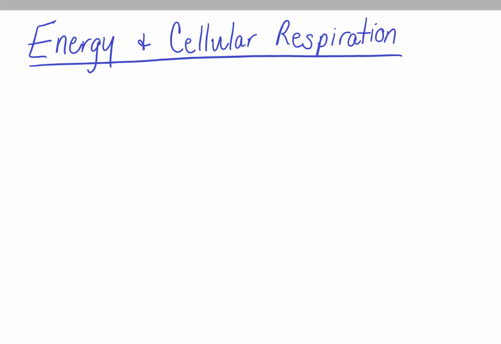All right, so let's think about what we know. From our previous modules, we know that we are going to focus on glucose, which represents our fuel for cellular respiration. And we know through the process of cellular respiration, we are going to break down glucose in what we call a metabolic pathway.